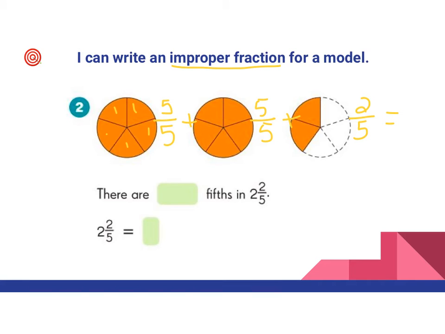So if I add all these together, 5, 10, 12, I've got 12 fifths total. So there are 12 fifths in these 2 and 2/5. So the improper fraction that is equivalent to 2 and 2/5 is 12/5.